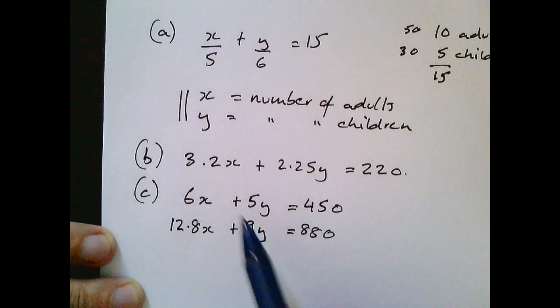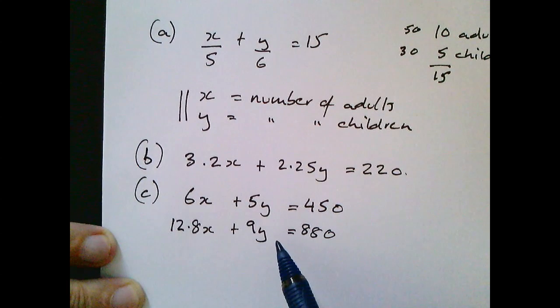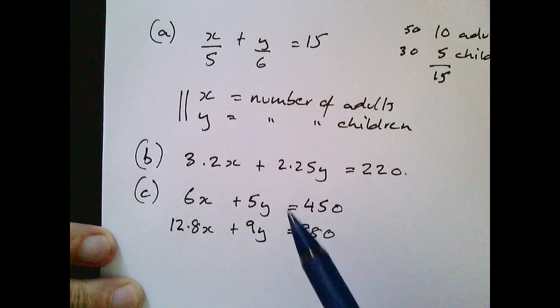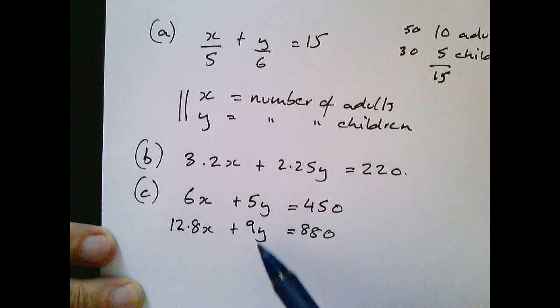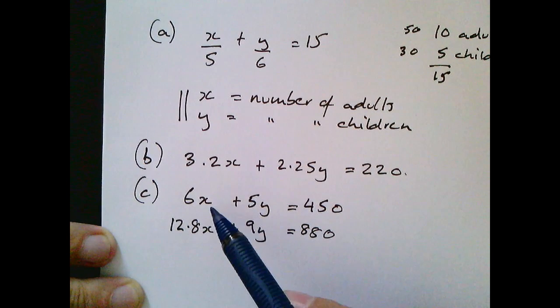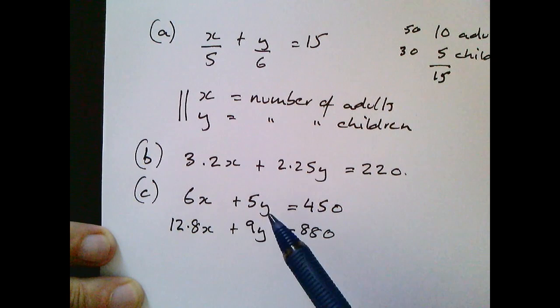So we've got a slightly simpler set of simultaneous equations. Now, I want to cancel out the y's. Could do the x's, I just think this looks a little bit easier.